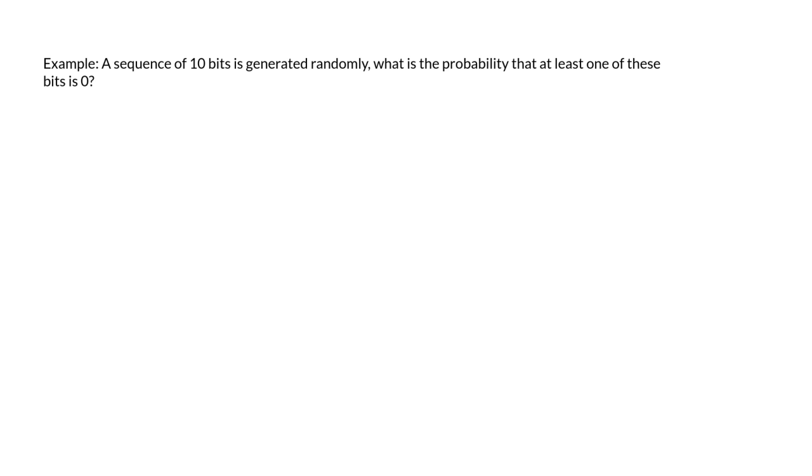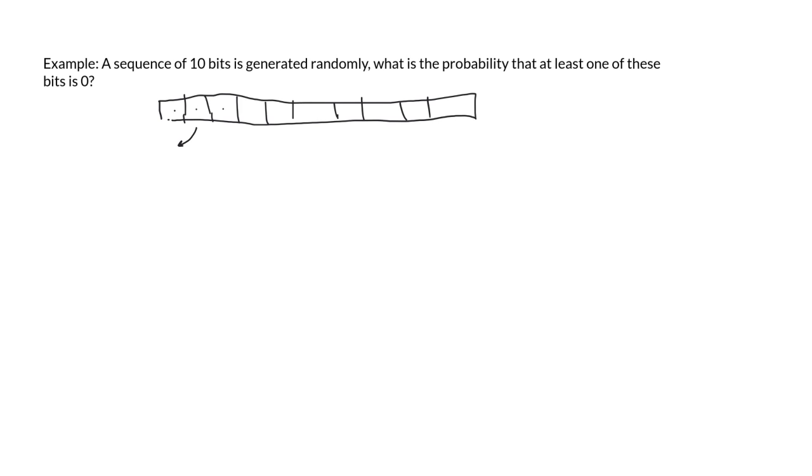So the sequence of bits has 10 places, and each of these places is filled by 0 or 1 randomly.